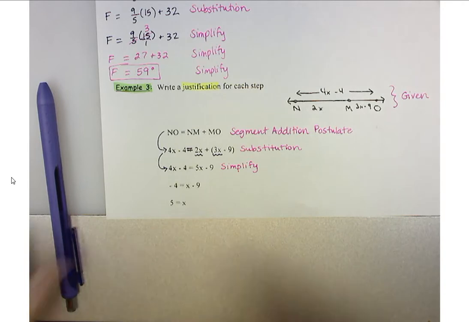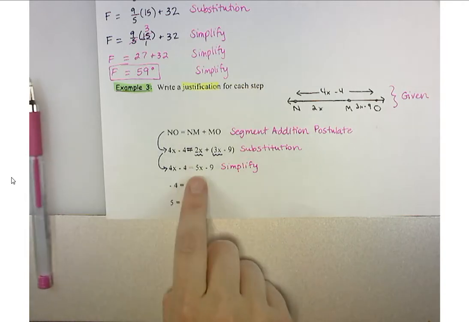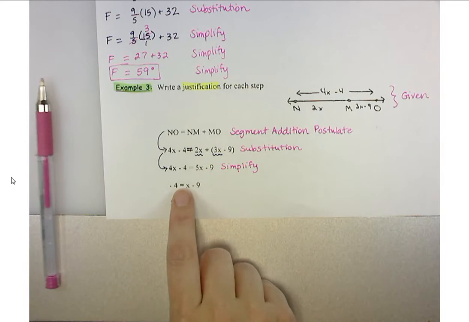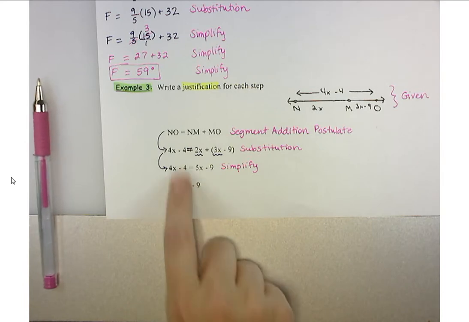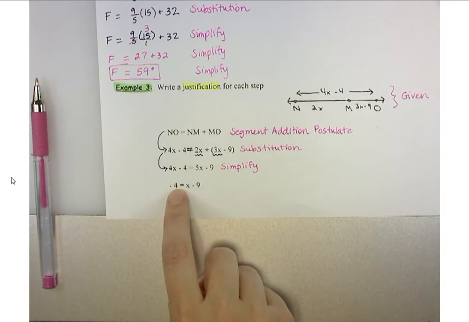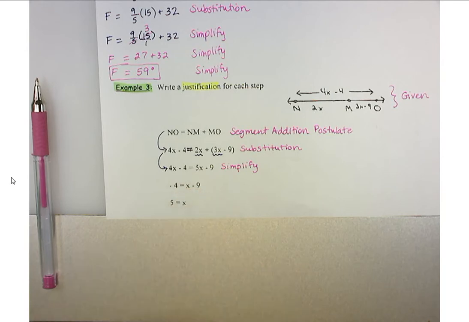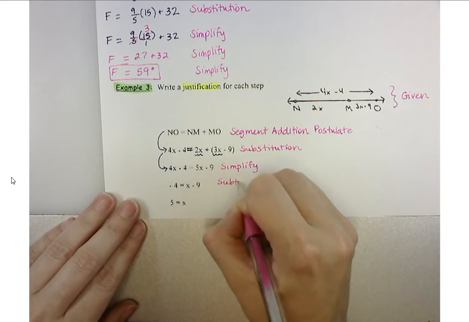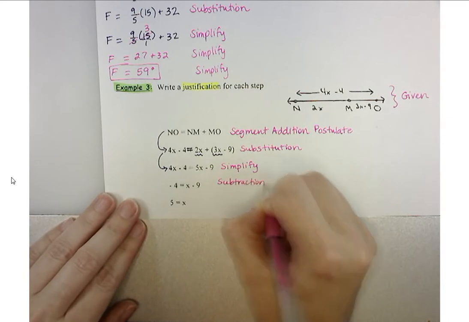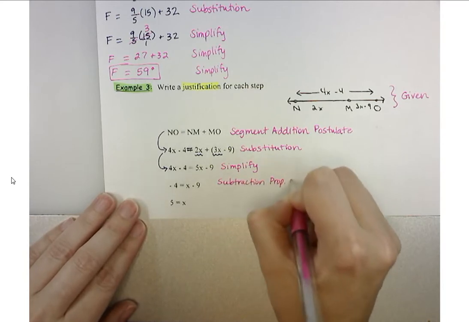Once you get here, just think about what you would do. We'd need to get all of our x's on one side. It used to be 4x minus 4. Now it's just negative 4. So how would you move 4x over? You would subtract it. So this is just going to be the subtraction property of equality.